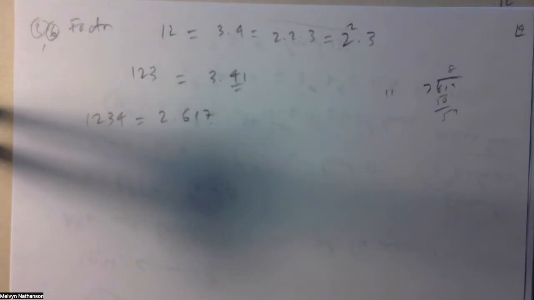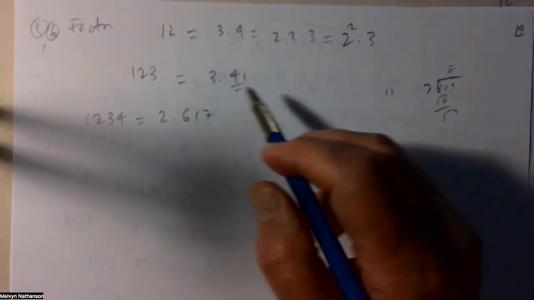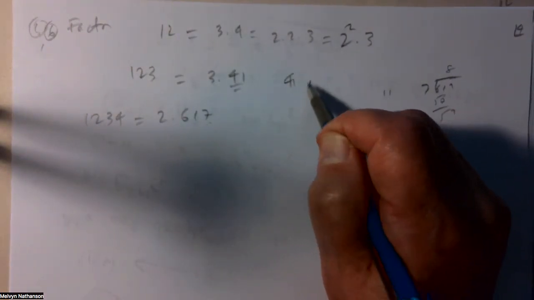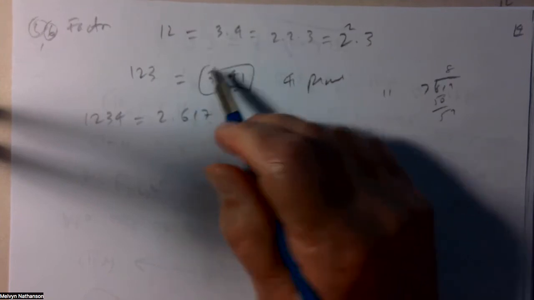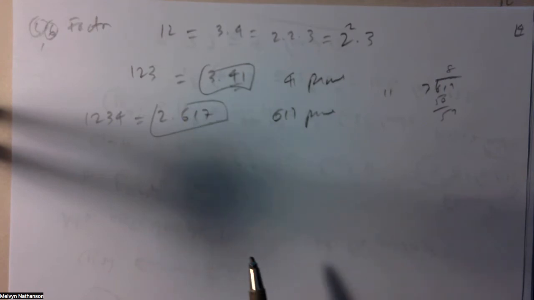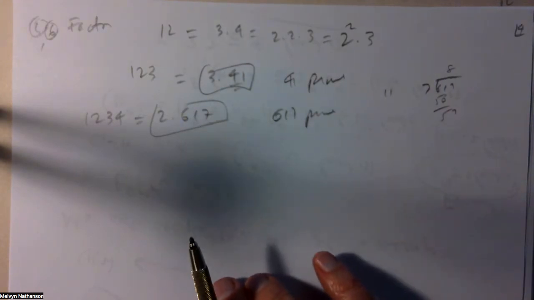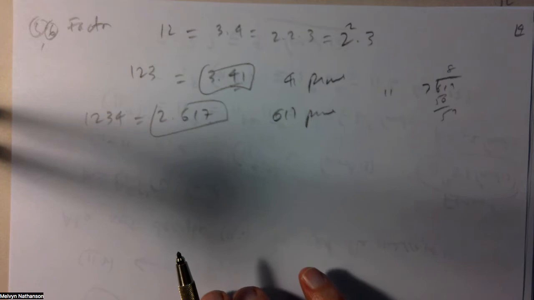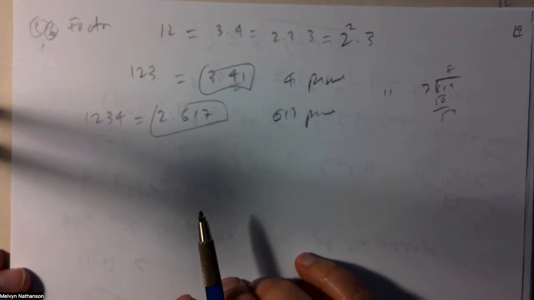It really is just a matter of trying to see if it has any factors. It turns out it doesn't. So 617 is a prime. So this is the factorization. It's just a matter of having some time, some paper and pencil, and an eraser, and trying to work it out.